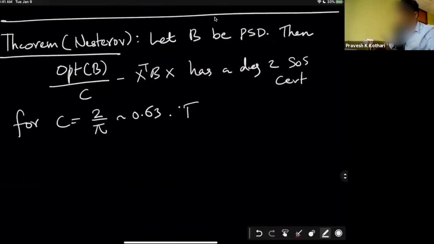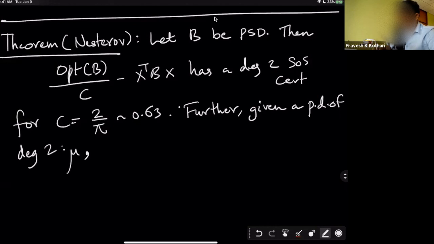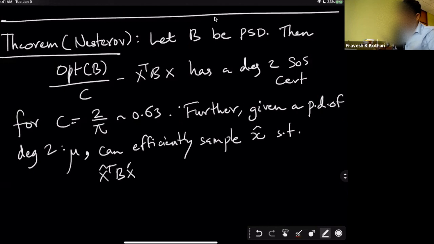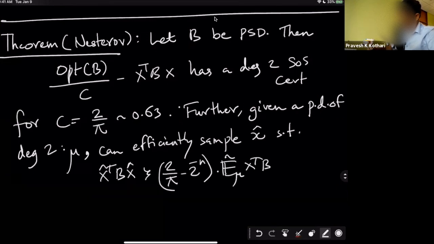And in the spirit of making it equivalent to the algorithm that we just discussed at the beginning of this class, let me also say that we can basically equivalently say from our proof that given a pseudo distribution of degree 2, let's say mu, we can actually efficiently sample from a distribution x hat such that x hat transpose B x hat is at least 2 over pi minus 2 to the minus n times tilde E mu x transpose Bx.